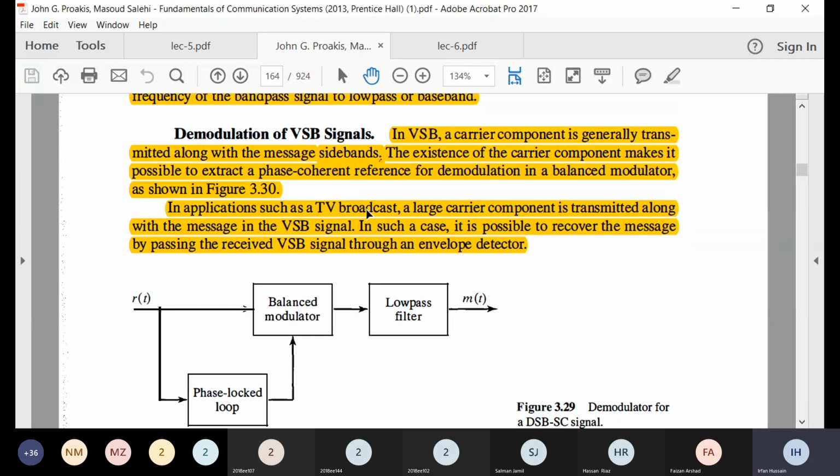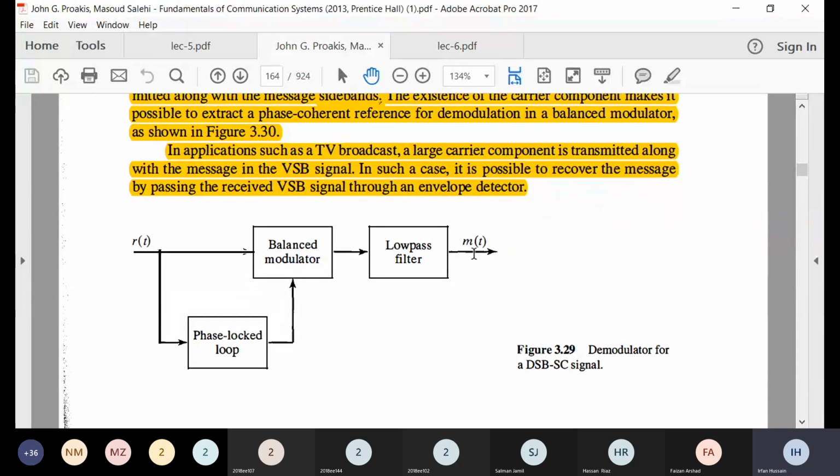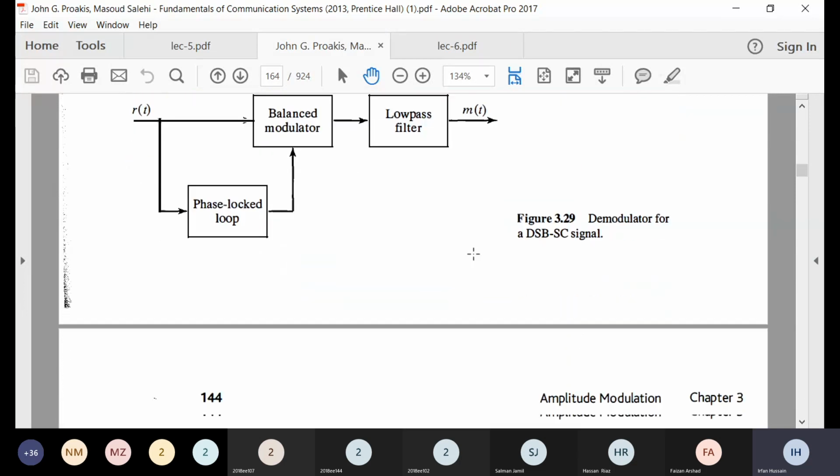For example, vestigial sideband is used for TV broadcast, so you are sending a large carrier component along with the message signal in the VSB signal, and from the large carrier you can get back the carrier by passing it through the envelope detector, as we saw the envelope detector before. This will also make TV receivers cheaper because of the envelope detector requirement.